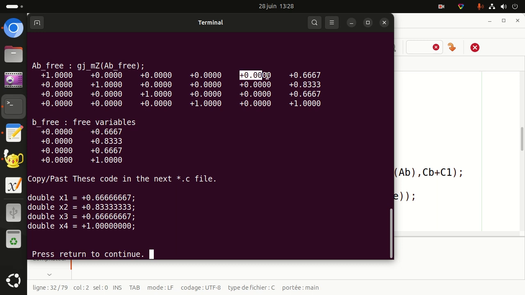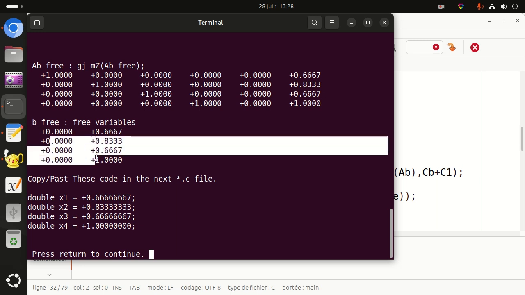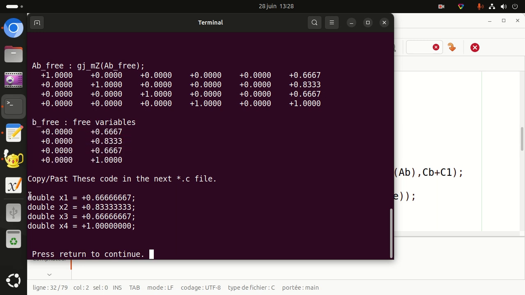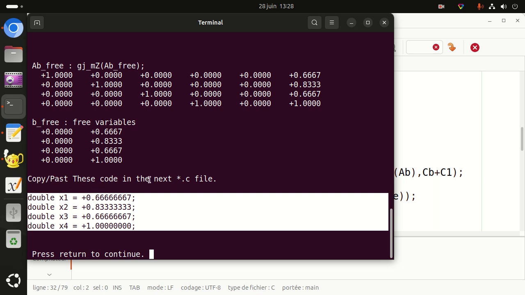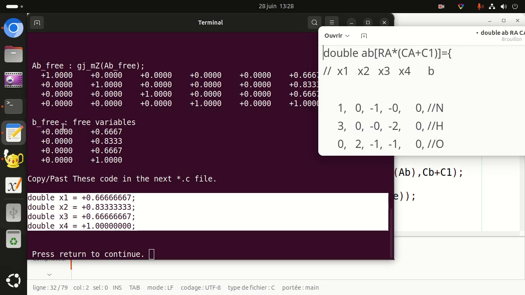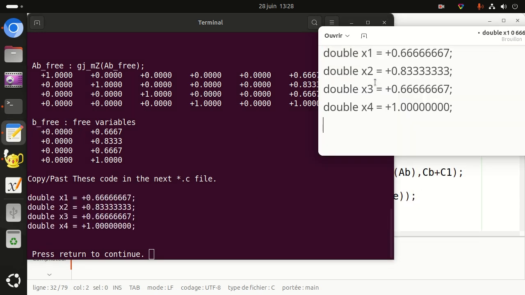I copy B and the free variable here. And then I save the free variable, this value, into x1, x2, x3, x4. I copy and paste this code in the next file.